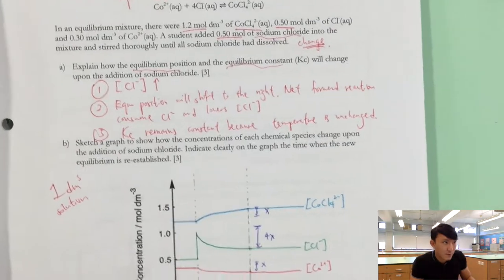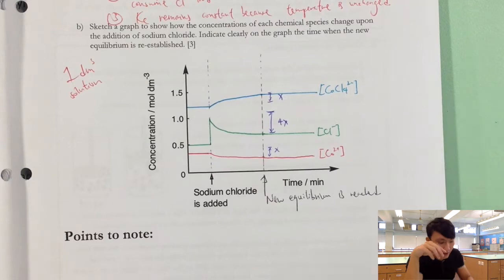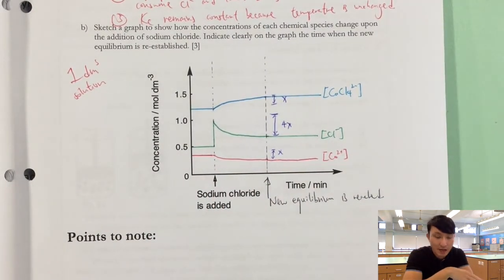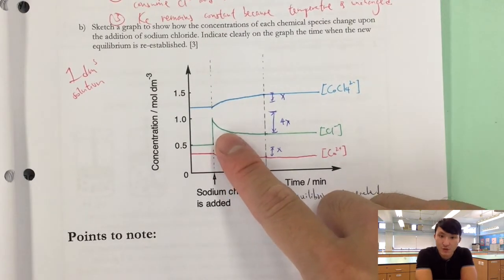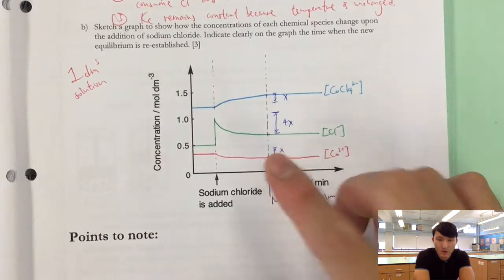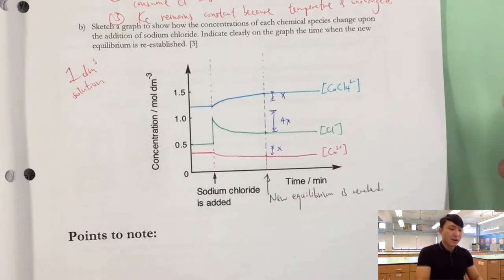So this is how it looks. Now pay attention to how you draw the graphs. The graphs must follow what we have learned from the topic rates of reaction. Reaction goes fast at the beginning and slowly flattens and levels off towards the end, towards the new equilibrium. Alright. Next page.